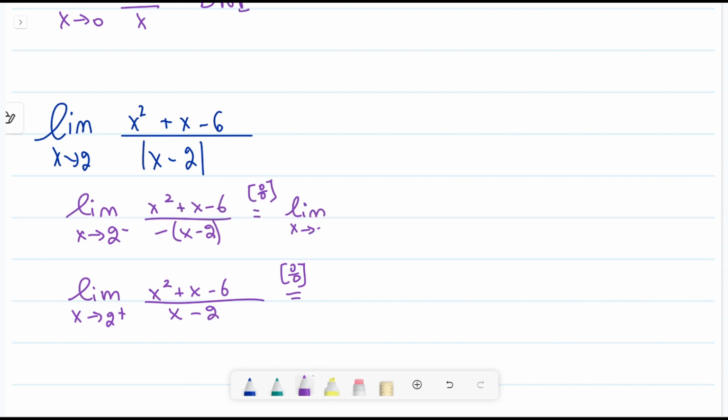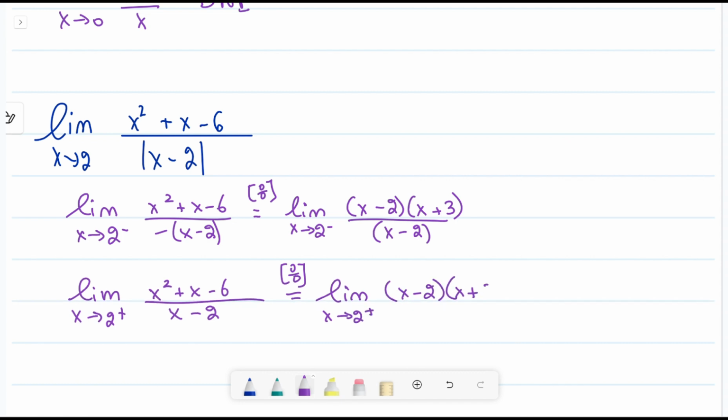So we have a quadratic in the numerator. We can factor it to x minus 2 times x plus 3. For a review about factoring, you can check out previous videos. And I forgot a negative sign here. So this is what we end up with.